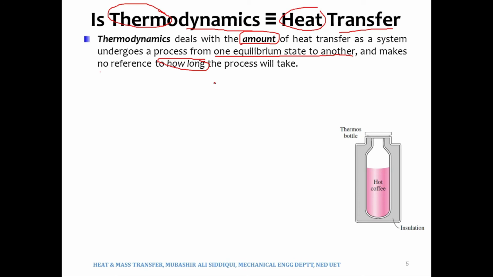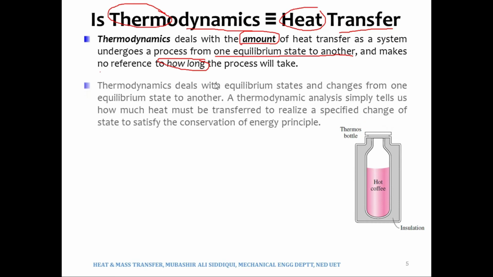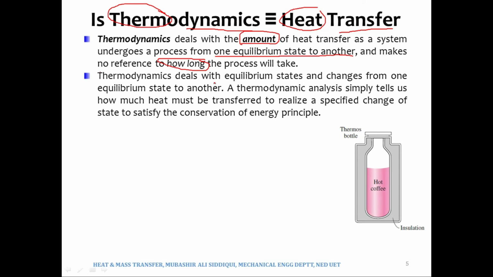But if you are asked to find out the heat that would go into or come out of the system in, for example, 7 minutes, that would be under the domain of heat transfer. So the difference is that in heat transfer we are interested in the rate of heat transfer, the time rate of heat transfer, in fact.